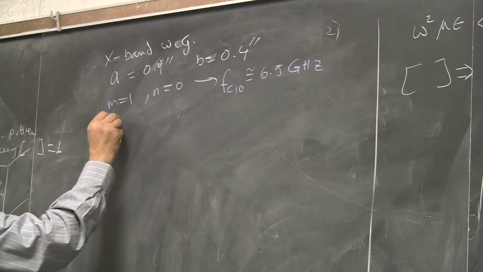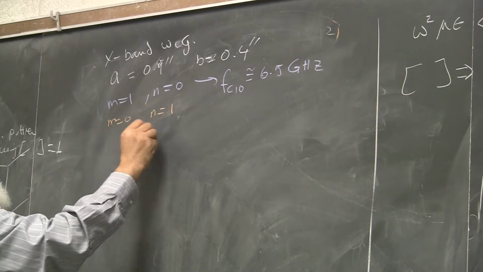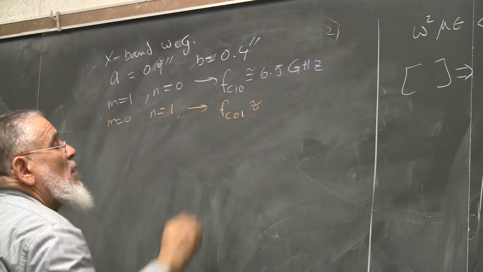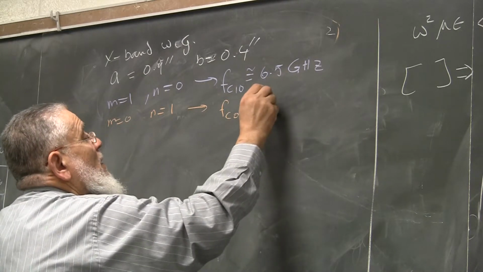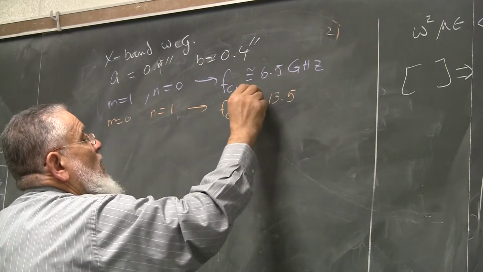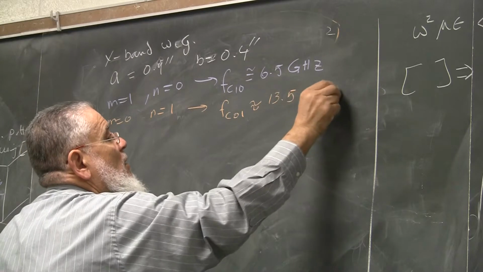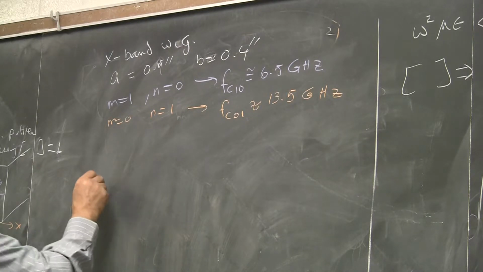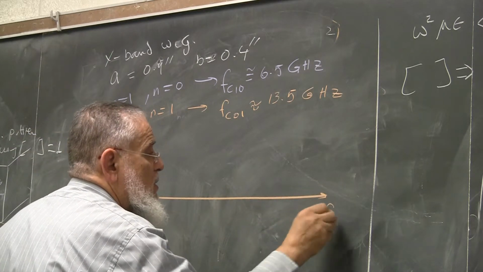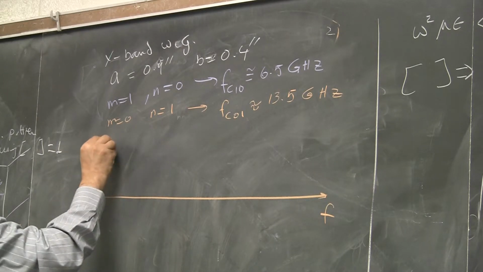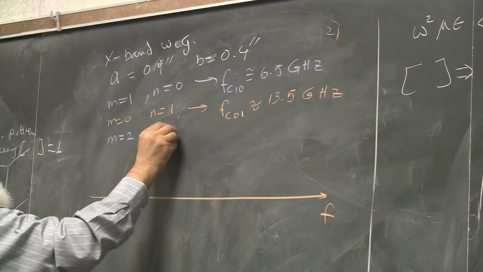If I put m equal to 0 and n equal to 1, I get f sub c 0,1 approximately 13.5 gigahertz or something like that. I can't remember the exact number for that. Let's do one more. m is equal to 2, n is equal to 0.